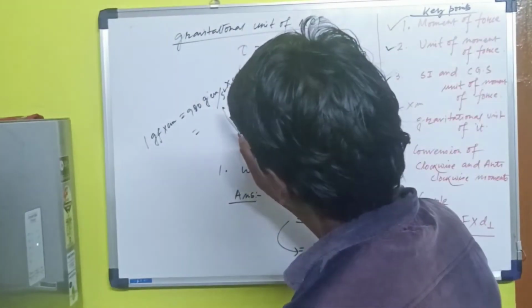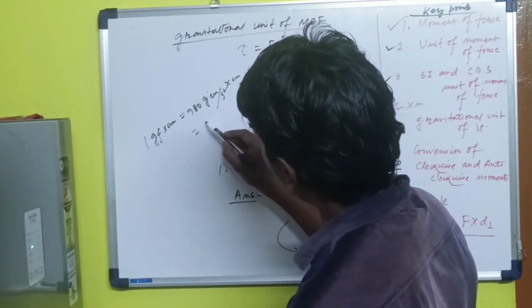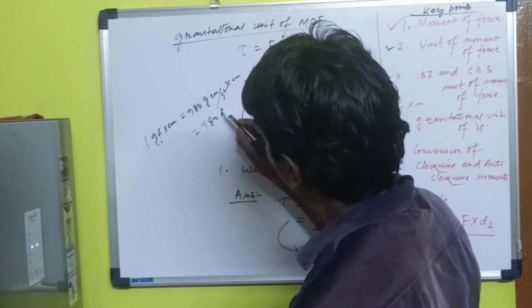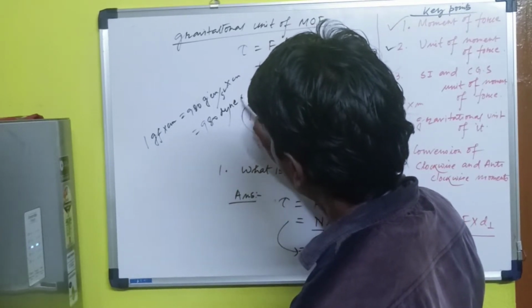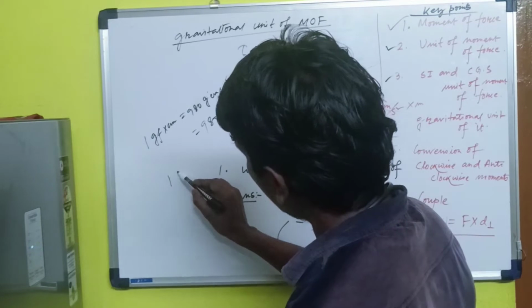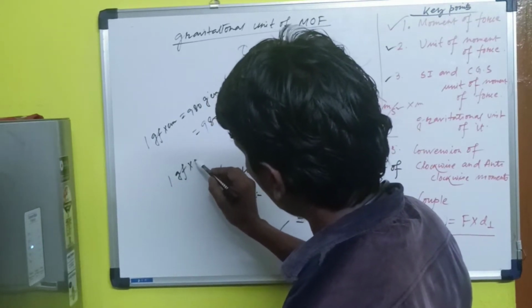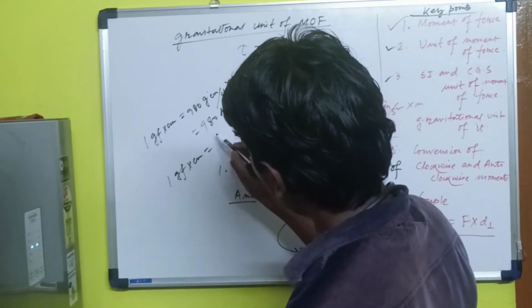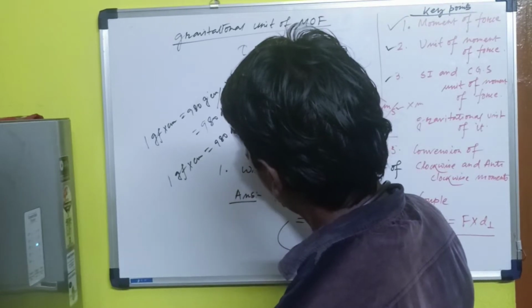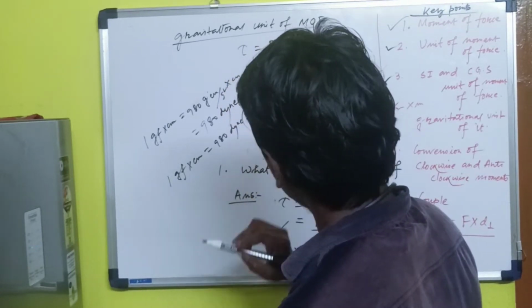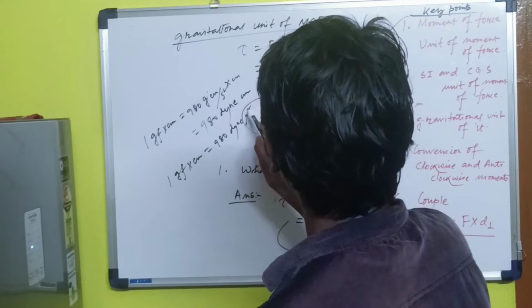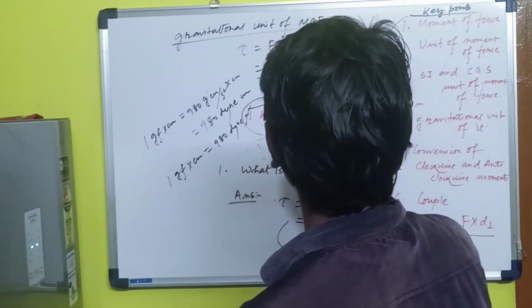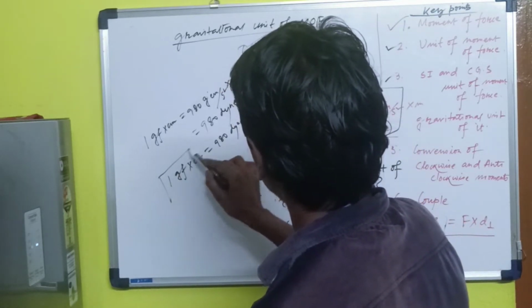This is dyne, so 980 dyne centimeter. So 1 gram force into 1 centimeter equals 980 dyne centimeter. This is for the SI system, and this is for the CGS system.